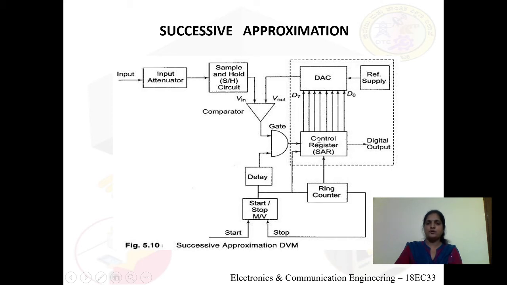The SAR sets or resets the bits that are loaded onto the DAC, and for every clock the DAC produces half of the reference value, that is, output is equal to V reference divided by 2 to the corresponding bit value.